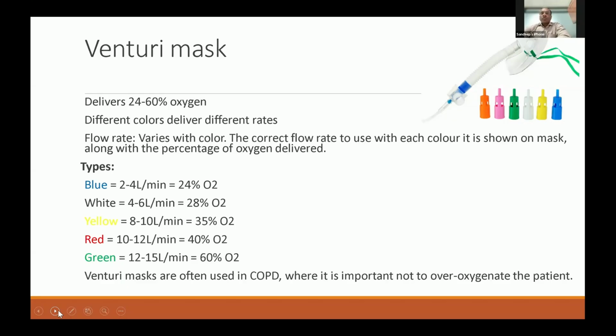Okay, so the Venturi system is used to deliver oxygen up to 60%. It comes in multiple colors. The flow rate of oxygen that you want to give through these devices varies with the particular Venturi system. For example, if you are using a blue one, then you can use 2 to 4 liters of oxygen per minute, and the final delivery of FiO2 would be around 24%.